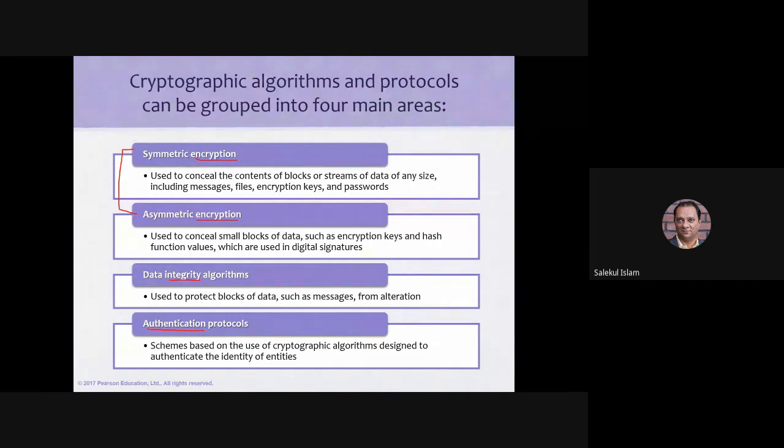So they have divided encryption into symmetric encryption and asymmetric encryption. Don't worry, we will explain everything later. You don't have to understand everything right now, but from the name you can understand that this is symmetric, so there is some similarity between sender and receiver, and this is asymmetric, so there is some dissimilarity or difference between sender and receiver.